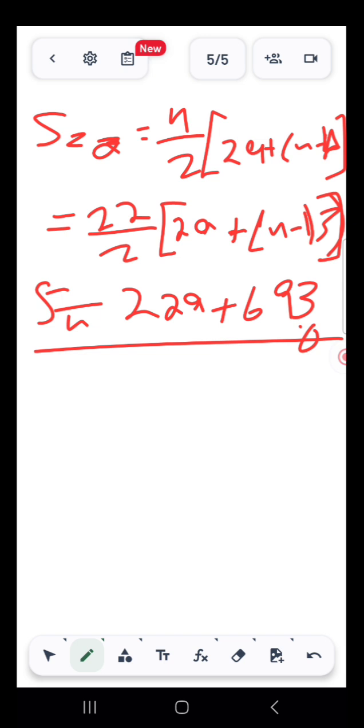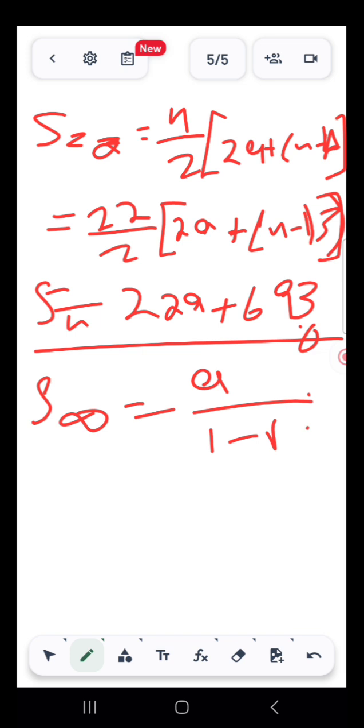So we have our first formula for the arithmetic sequence. Then they told us about the sum to infinity of the geometric sequence. The formula for S to infinity is a over 1 minus r, and remember, r cannot equal 1. So we substitute a, and the only other thing we know is the ratio, which is 1 over 3.